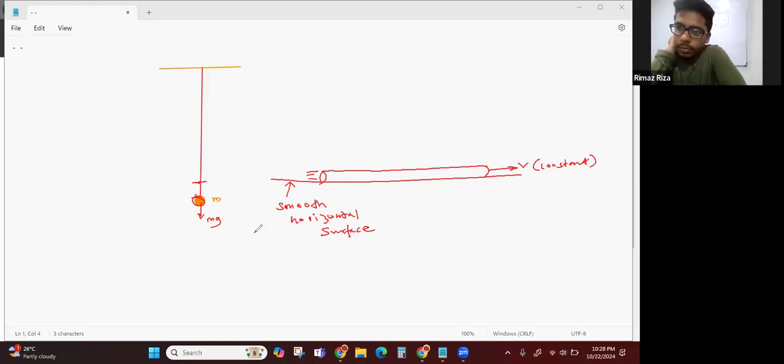Because every point has gravitational acceleration downward. It doesn't affect this horizontal motion, right? Because the gravitational acceleration is acting vertically downwards.